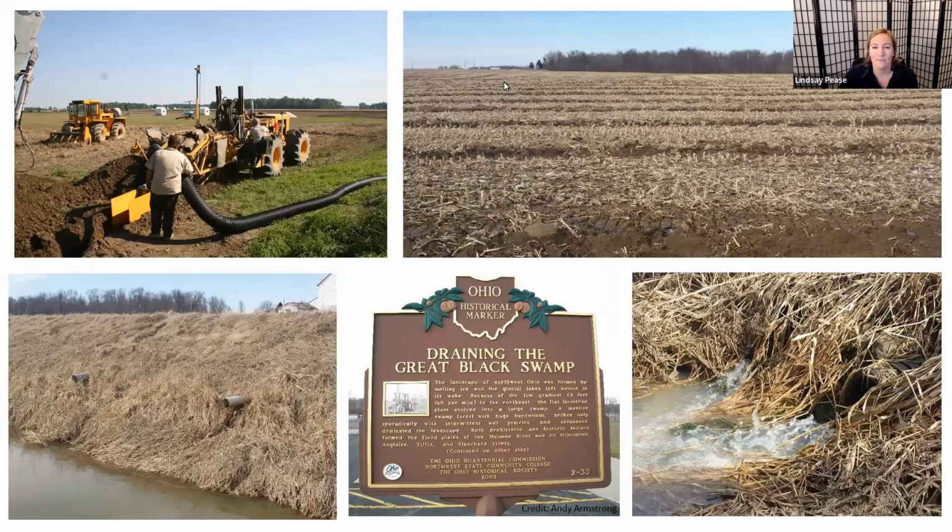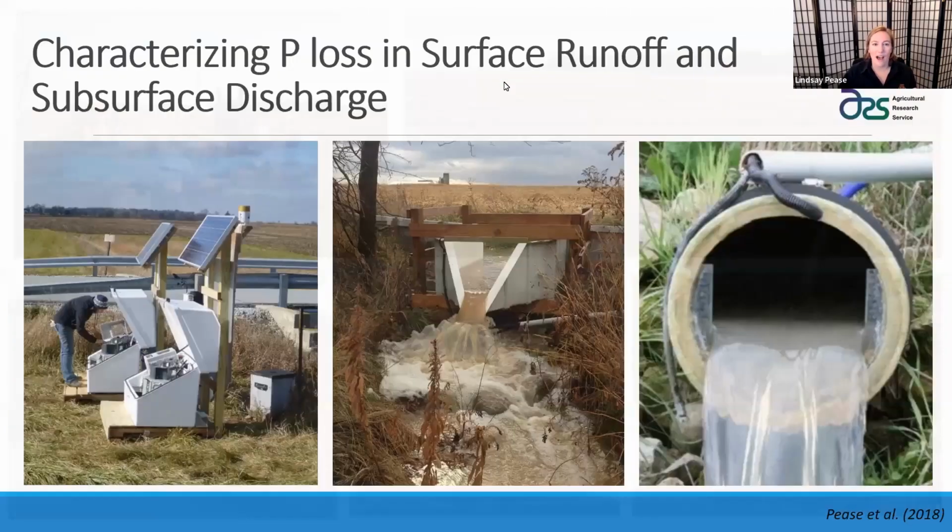It's how we farm in the Eastern Corn Belt. And so a lot of the work that I did before was characterizing the losses that we see out of the various pathways, looking at how much water was coming out of tile drainage systems versus how much was running over the surface as overland runoff.